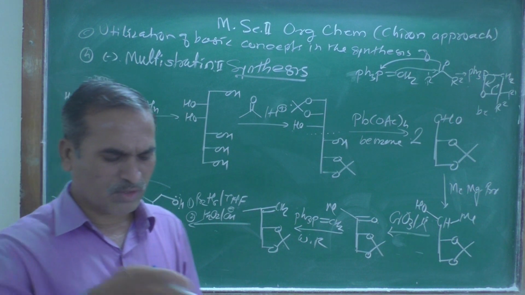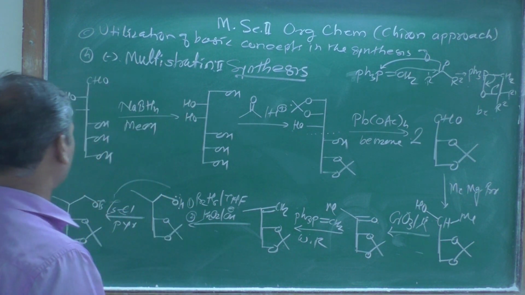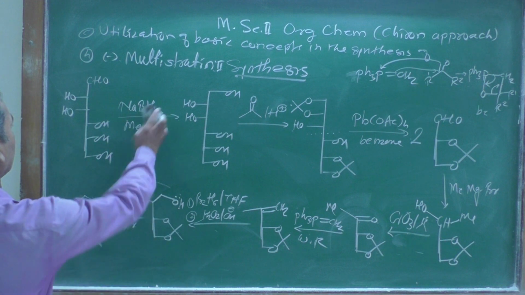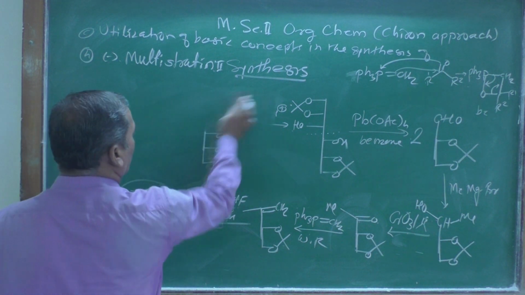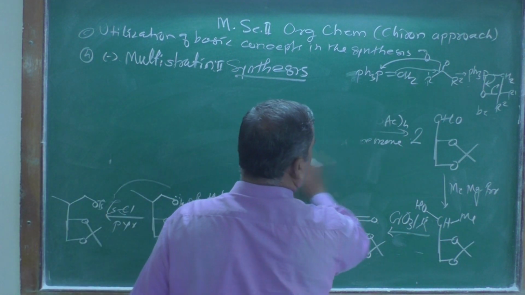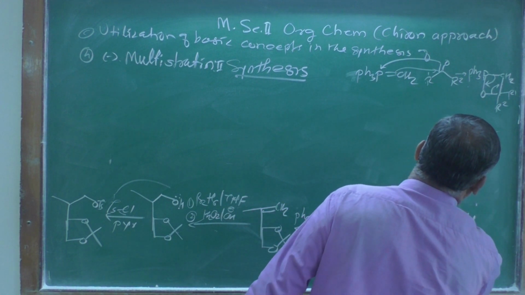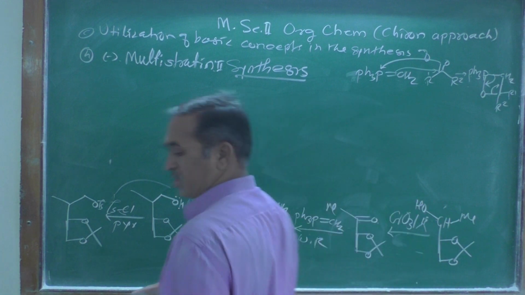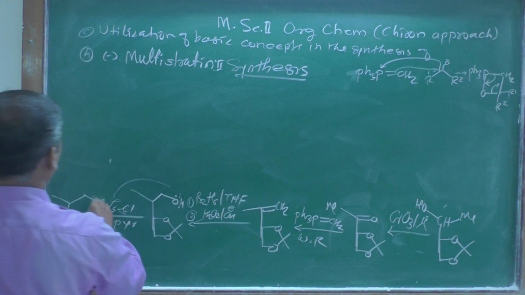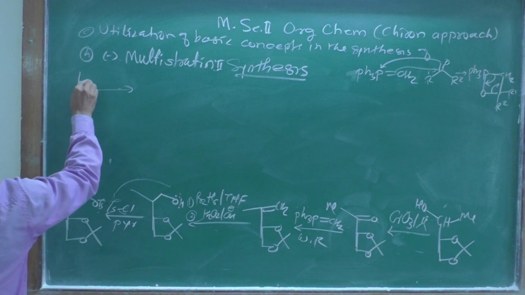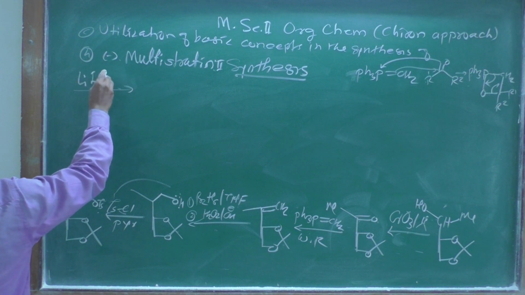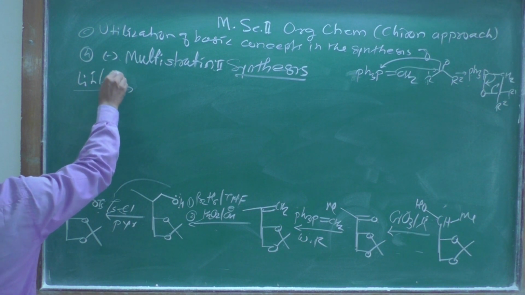Now let me clean the board again, this half of the part. Now what is going to happen here? There you are going to use lithium iodide in presence of acetone.